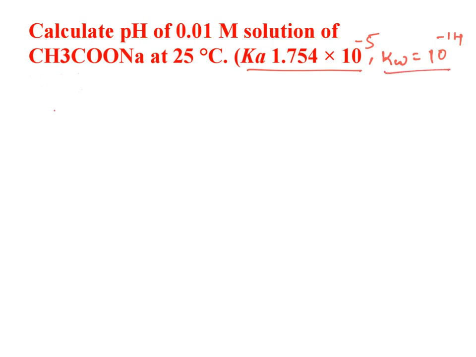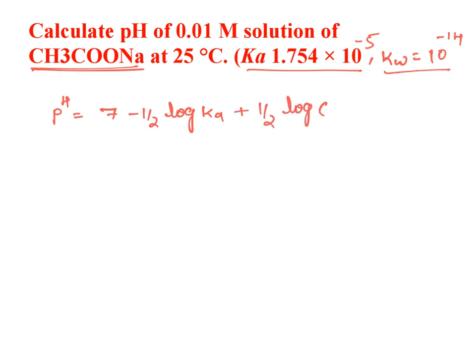So the formula is, because it is a salt of weak acid and strong base, pH equal to 7 minus 1 by 2 log Ka plus 1 by 2 log C. Here I am taking it in terms of Ka because the data is given in Ka. So here, 7 is already substituted in terms of Kw.